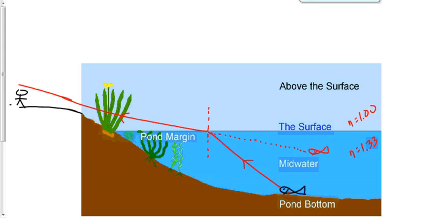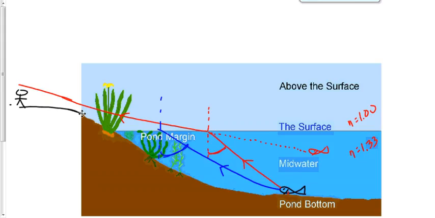But remember, there's other rays of light that are reflecting off of that fish. Let's pick another one. Let's pick this ray of light that's reflecting off of the fish. That ray of light encounters the boundary between the water and the air at a bigger angle. You can see that theta 1 right here is bigger than theta 1 right here.